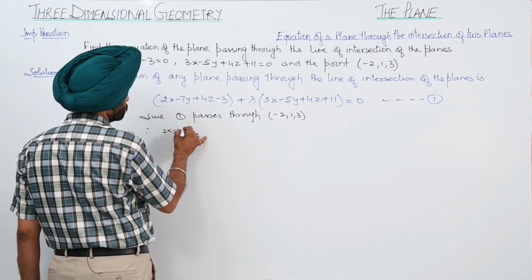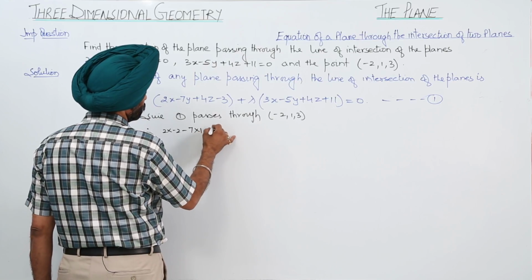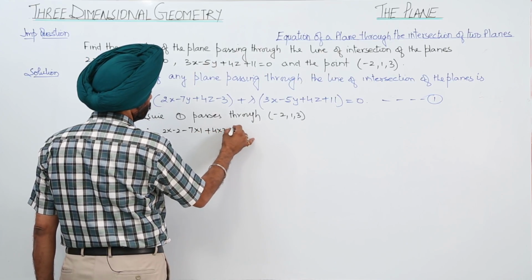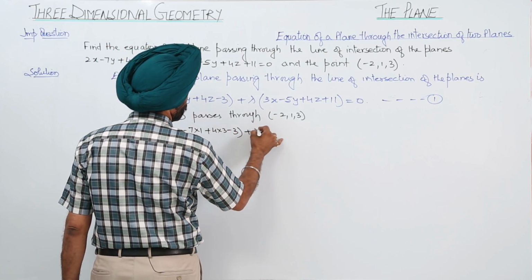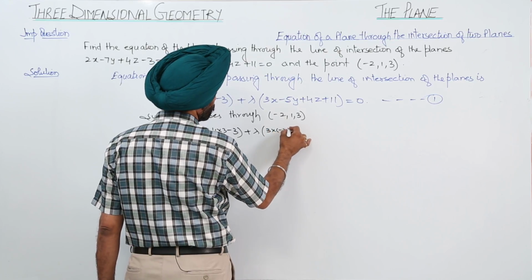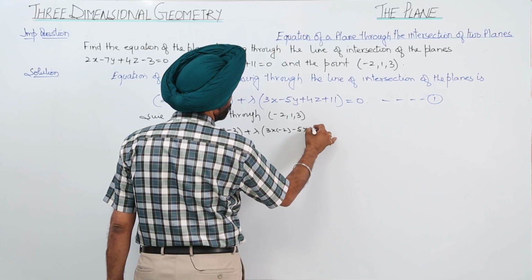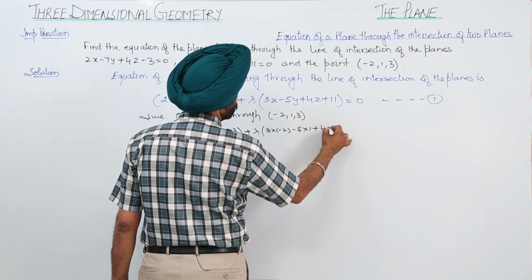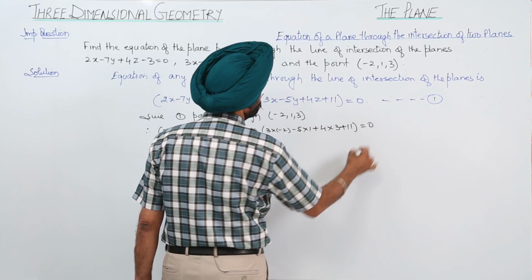2 times -2, minus 7 times 1 plus 4 times 3 minus 3, plus lambda times (3 times -2, minus 5 times 1 plus 4 times 3 plus 11) is equal to 0.